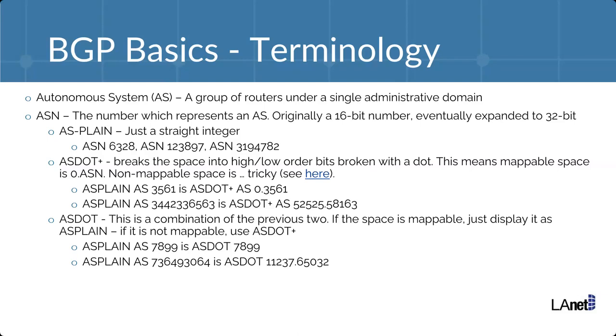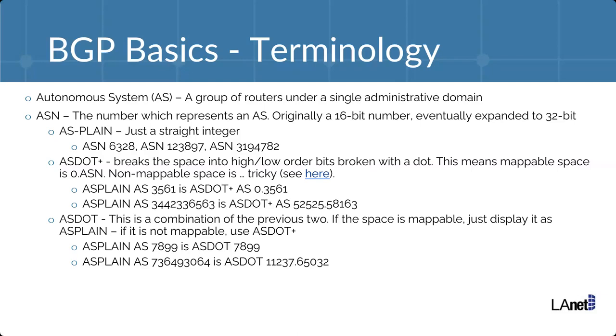Before we get to AS dot, though, there was an interim called AS dot plus, which basically broke the ASN or the AS plain format into high and low order bits. The first 16 bits and the second 16 bits got separated with a dot, hence AS dot or AS dot plus. And we called those first 16 bits mappable space.